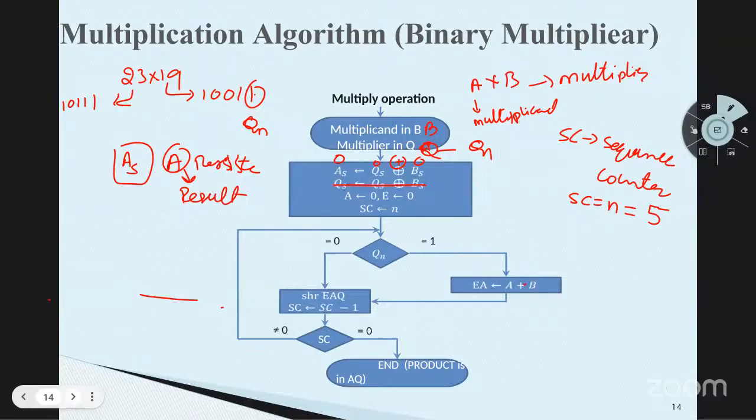After getting the first partial product, okay, here only I will take 23. Okay, sorry, 1 0 1 1 1 into 1 0 0 1 1.